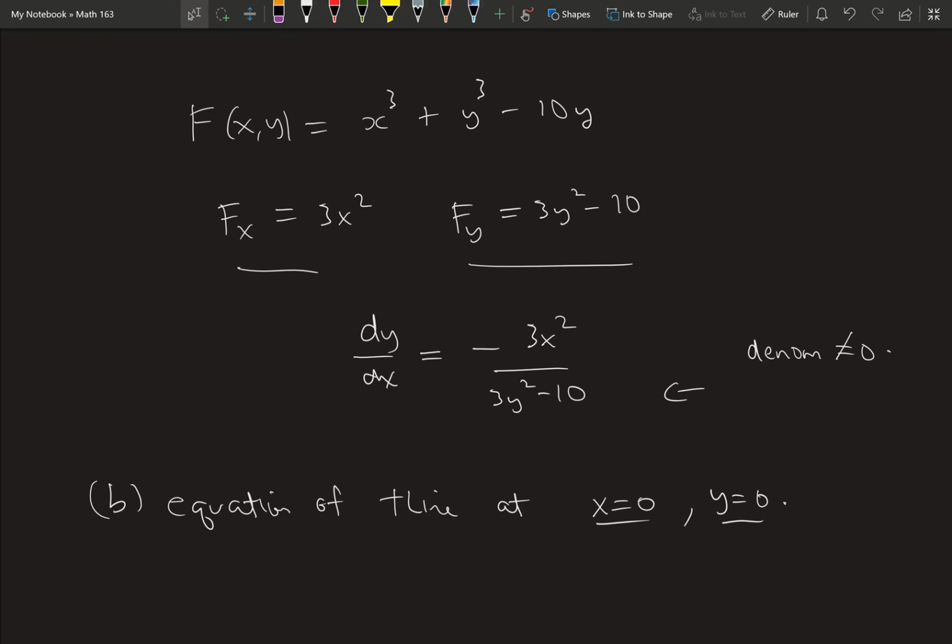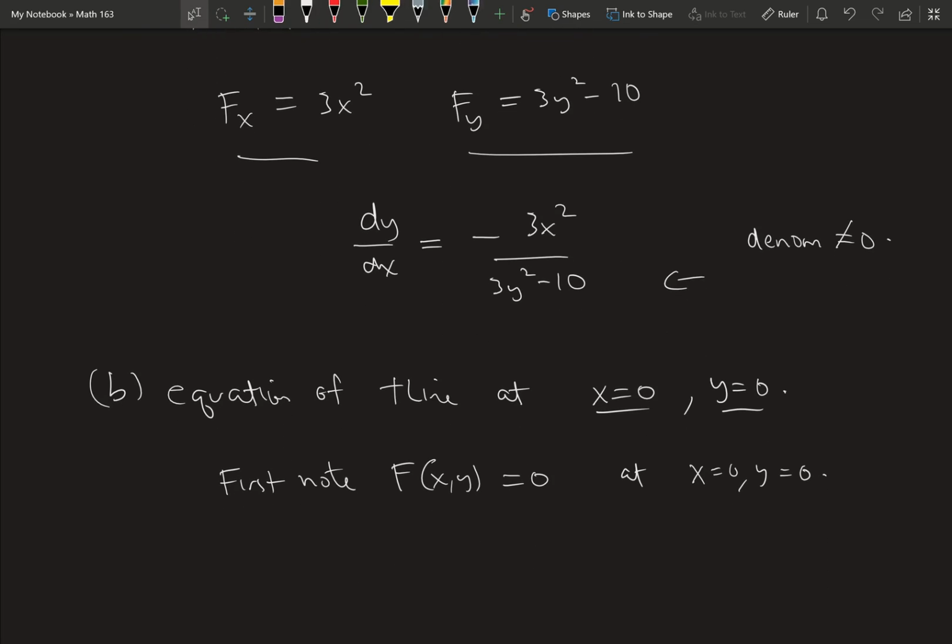Well, first off, note that that satisfies the original equation, that capital F of xy equals 0 at x equals 0, y equals 0. So it satisfies our equation. We have to first check that.